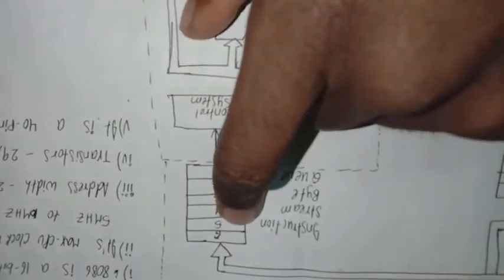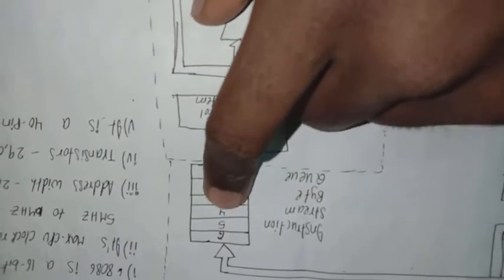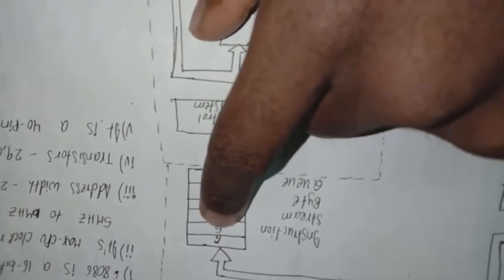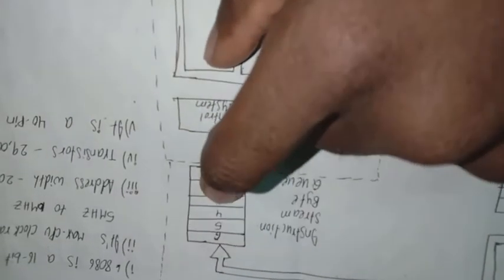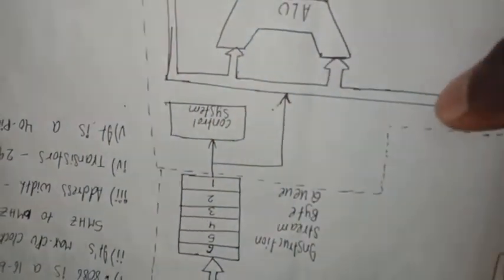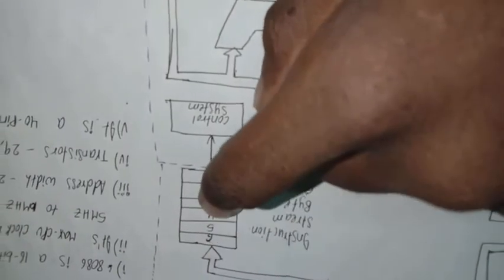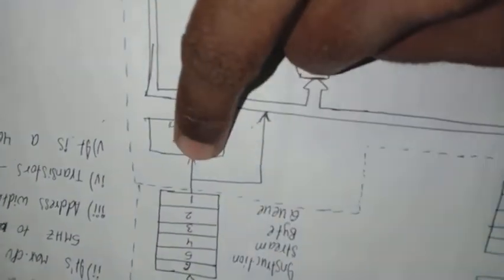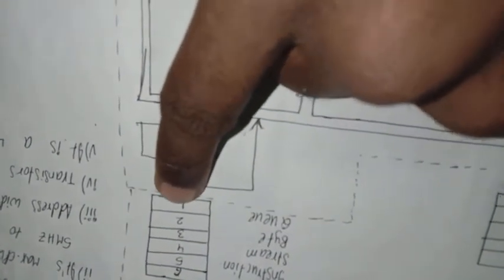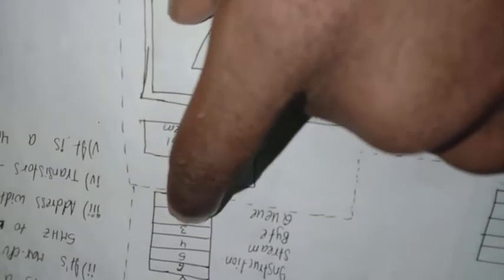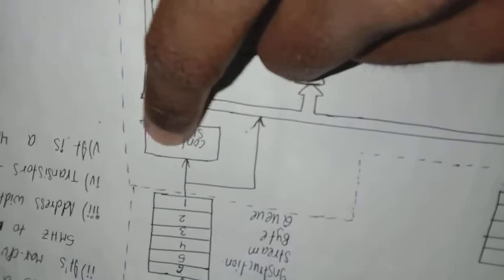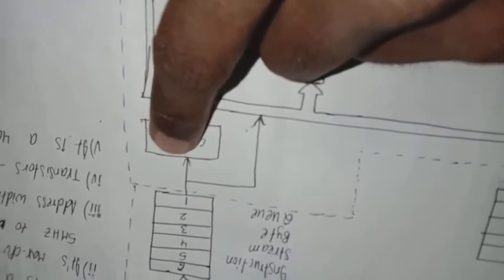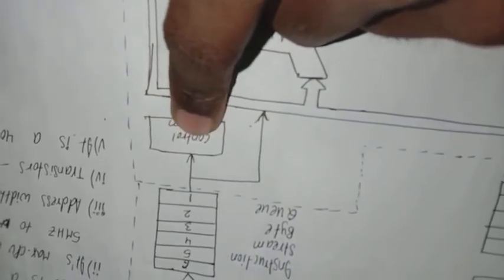So you can see it is a 6 byte queue, first in first out. And when the data is taken by the data bus and stored here, the controller fetches these instructions one by one, from 1, 2, 3 to 6, and so on, decodes the instruction, and decodes the work that should be done by the ALU.